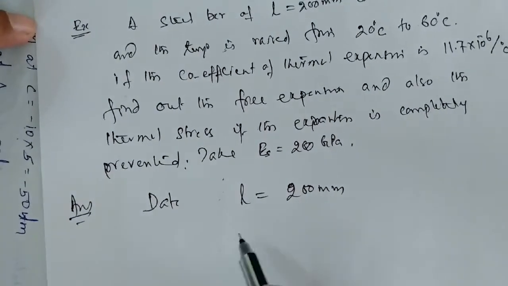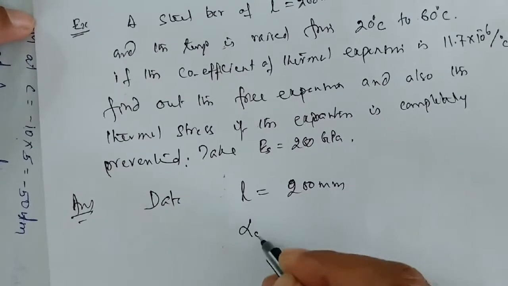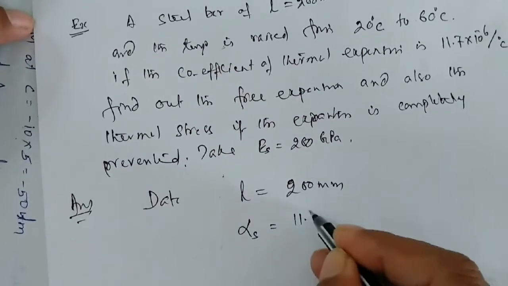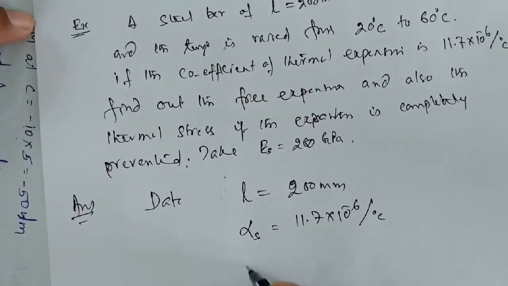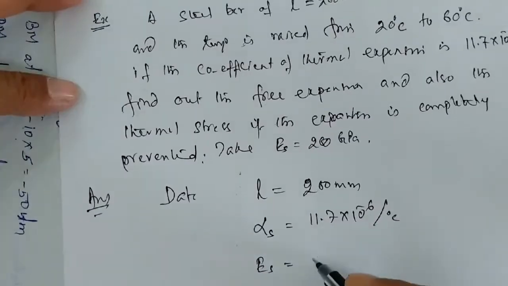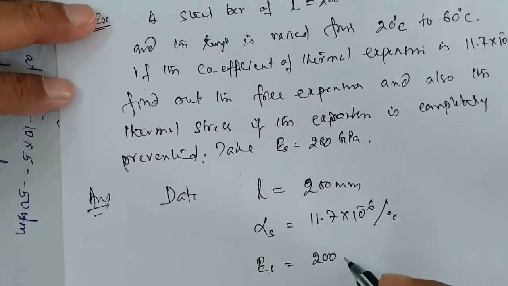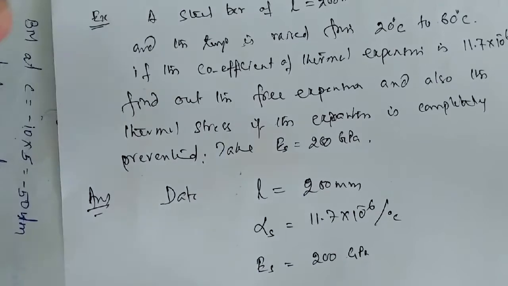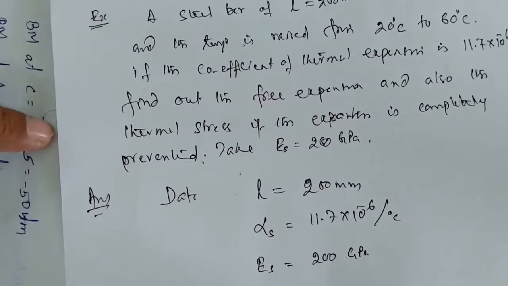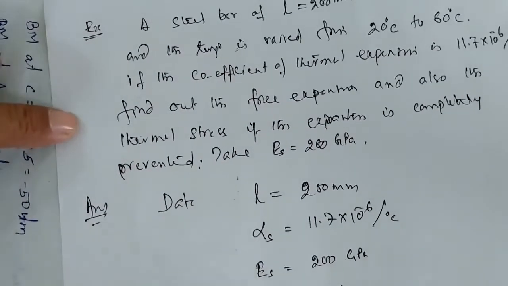Now L is 200 mm, alpha of steel is 11.7 into 10 power minus 6 per degree centigrade, E of steel is 200 GPa, and T2 is equal to 60 degree, T1 is equal to 20 degree.